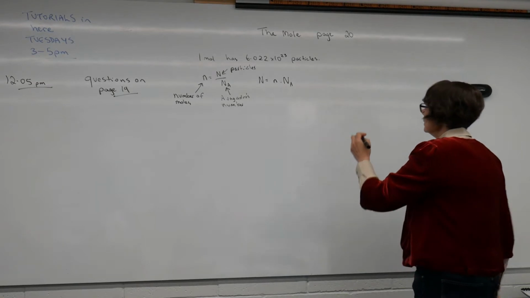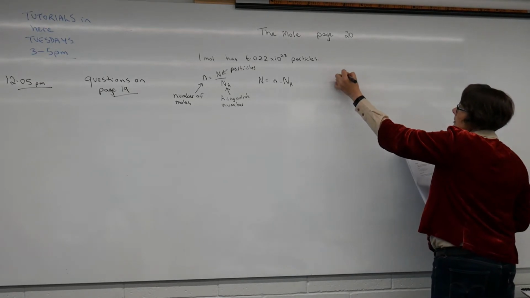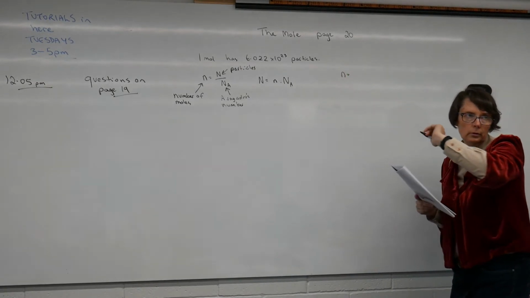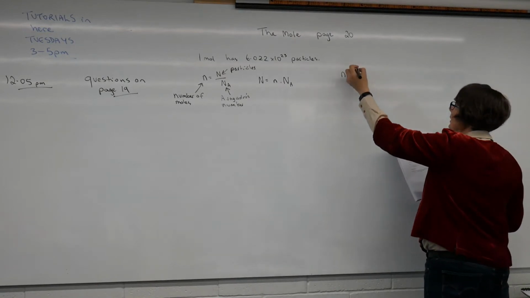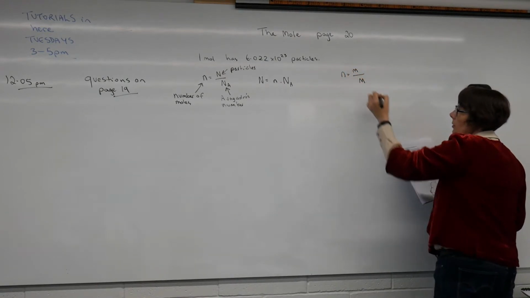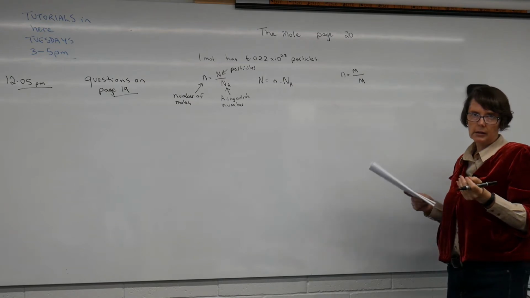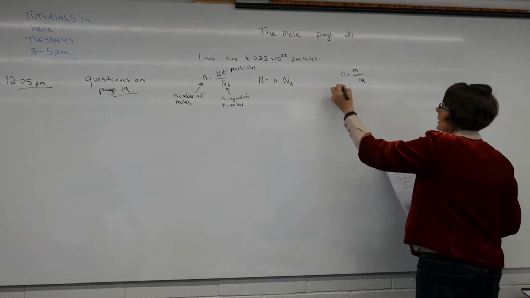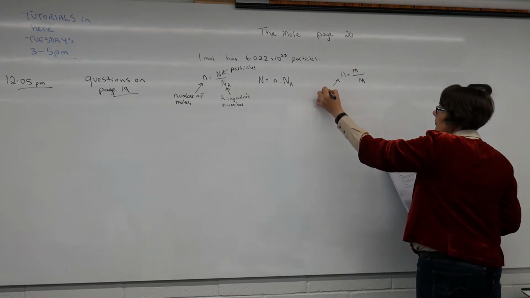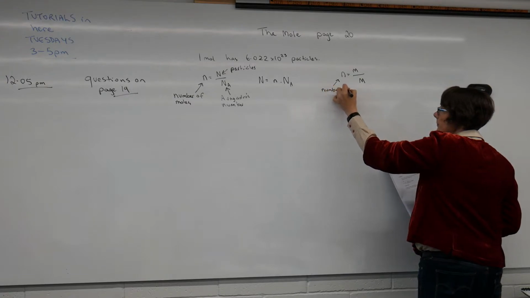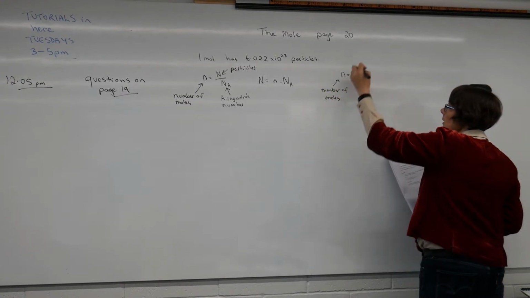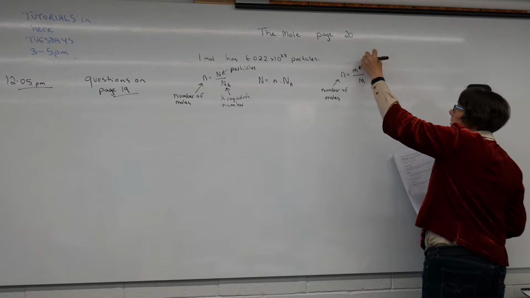And we use this in conjunction with what is probably one of the most important relationships to understand. This is where we look at the relationship between mass and moles. So again, the n is the number of moles. Little m here is the sample mass.